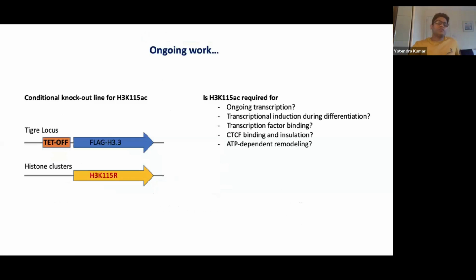We are also creating a conditional knockout line for H3K115 acetylation, for which we will use prime editing to convert all lysine 115 to arginines, which cannot be acetylated. And we'll keep a rescue copy of H3.3, which would allow us to avoid adaptation during the prime editing of this line.